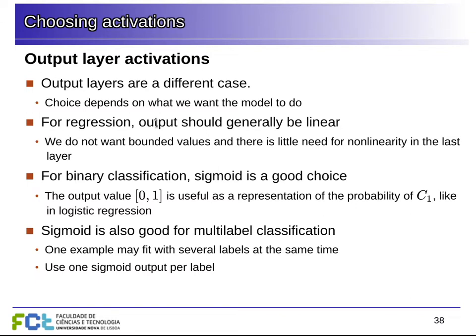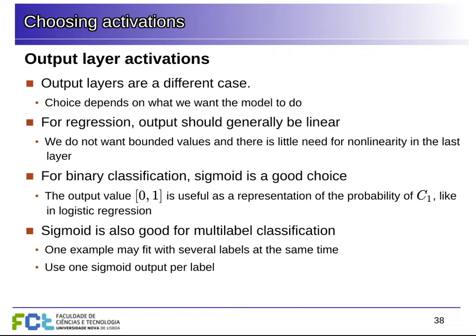So if we are doing regression, we are trying to make our network output some continuous value that is as close as possible to the targets that we have in the training set. So generally, we do not want to restrict the output of the network to a specific range, like would happen with sigmoid activation, or with the rectified linear unit, where the output could only be above 0.